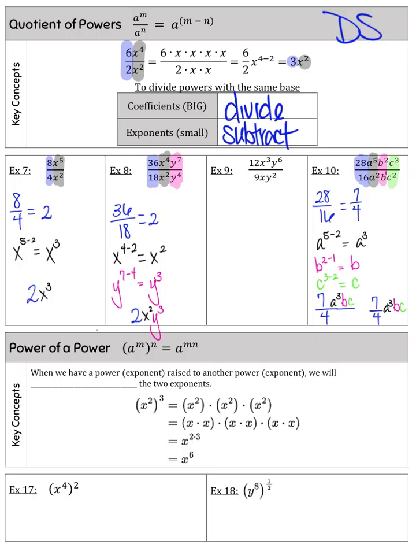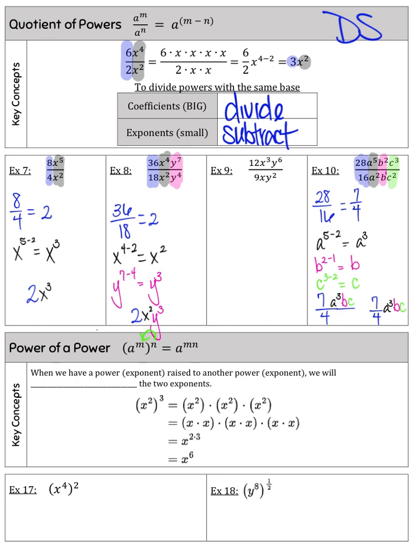Now let's look at a power of a power. In this we have a to the m raised to the nth power. So what that means is I'm going to take this exponent that's on the outside and multiply it by what is on the inside.